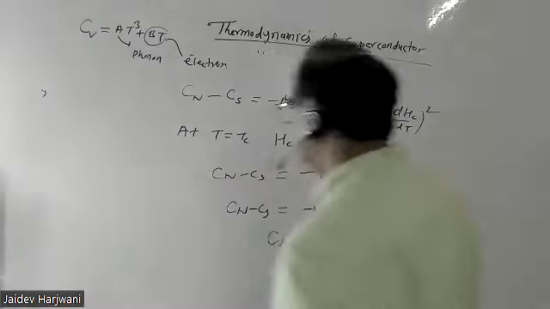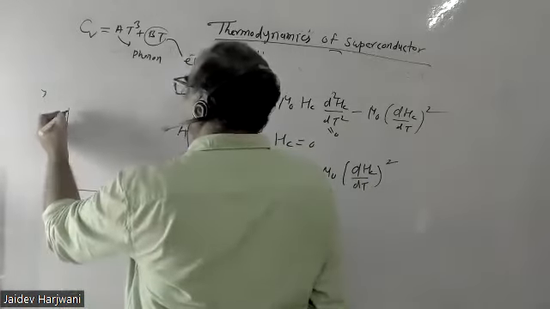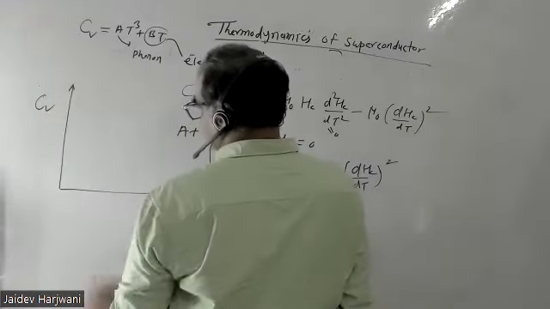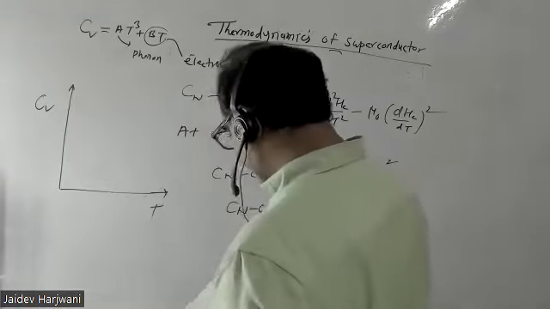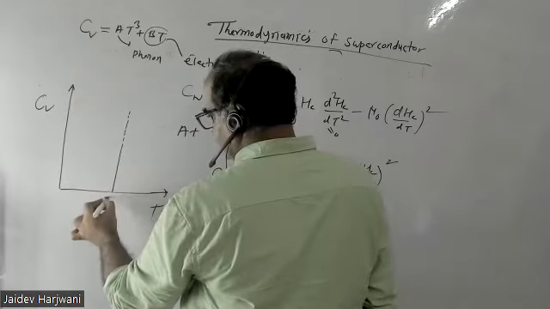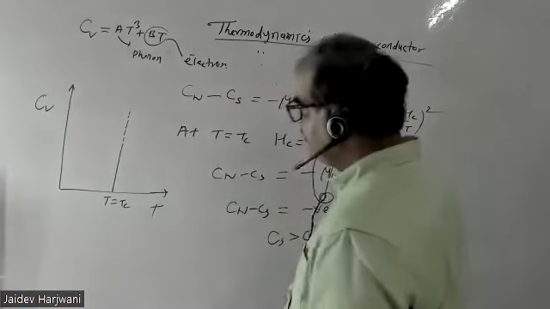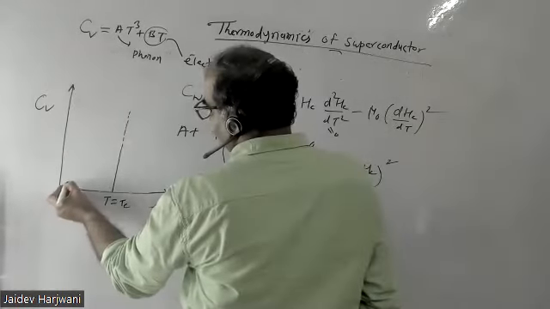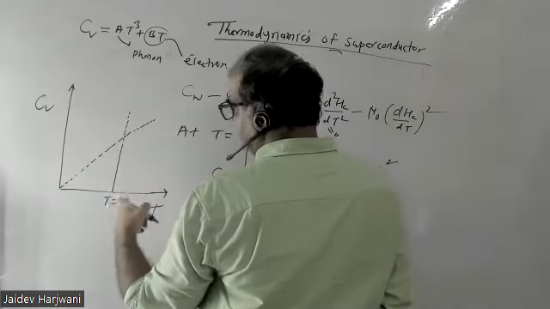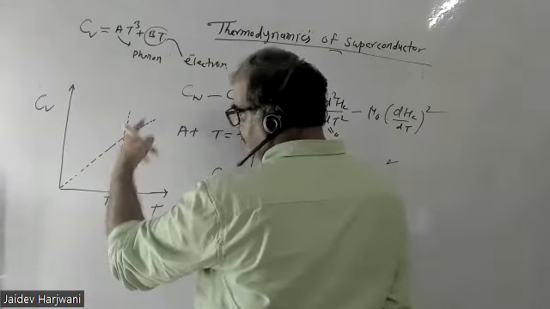How? Suppose I draw the specific heat variation with temperature. If I see the transition at T equal to Tc, you know that at lower temperature your normal state specific heat is proportional to T. But your superconducting state at T equal to Tc does not have the same value as the normal state.